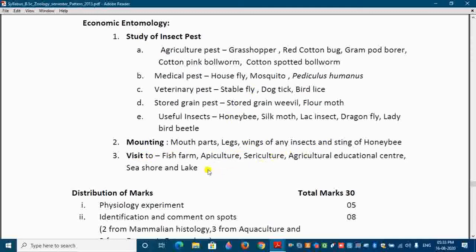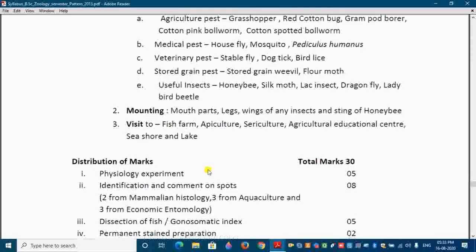Also you must visit any one place, such as a fish farm, apiculture center, sericulture center, agricultural educational center, seashore or lake. You have to visit any one of these places during the semester, prepare your report, and submit that report to your professor.